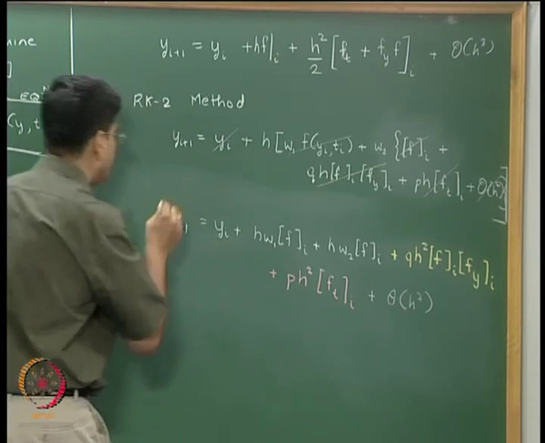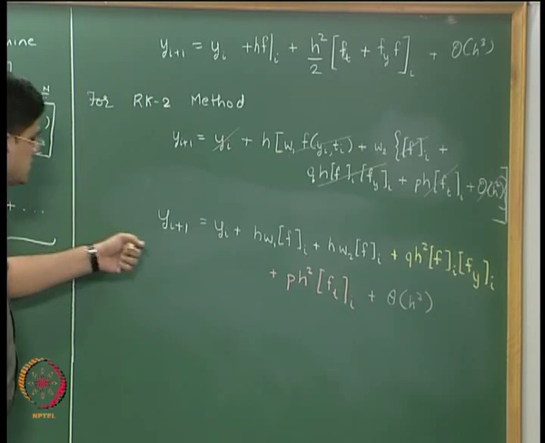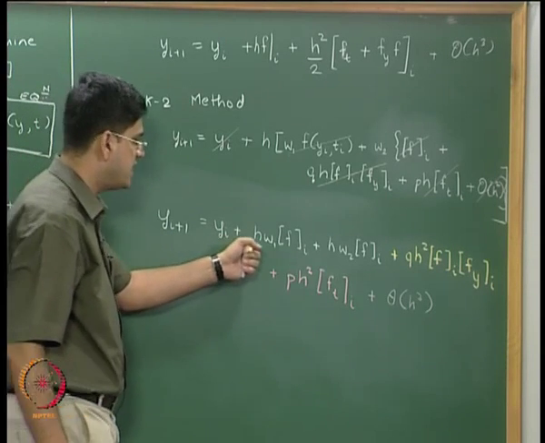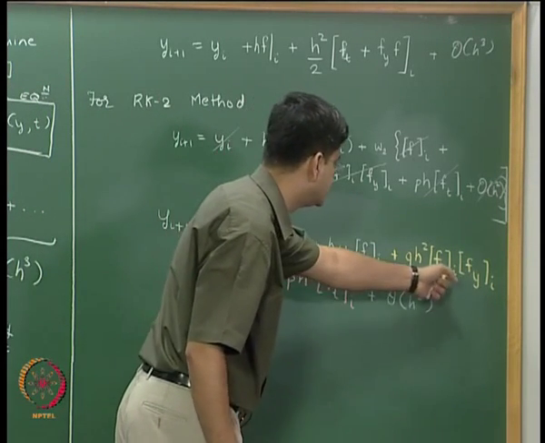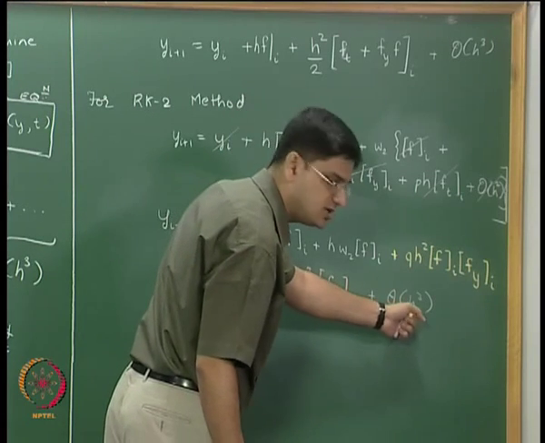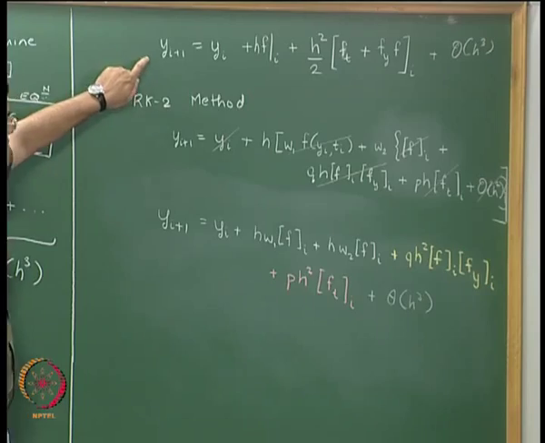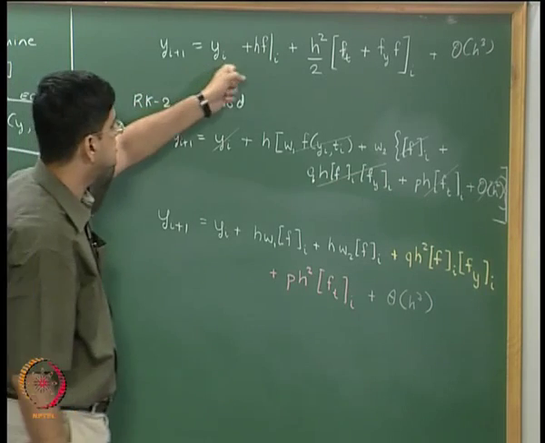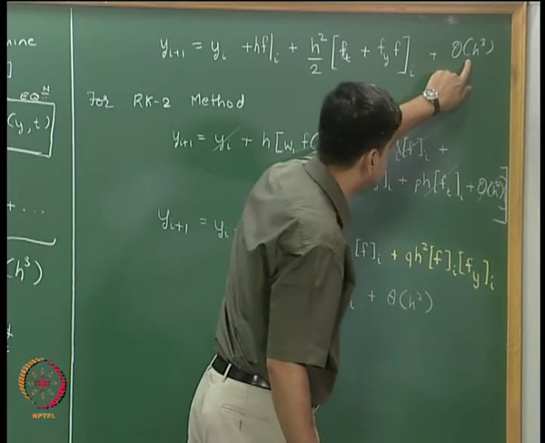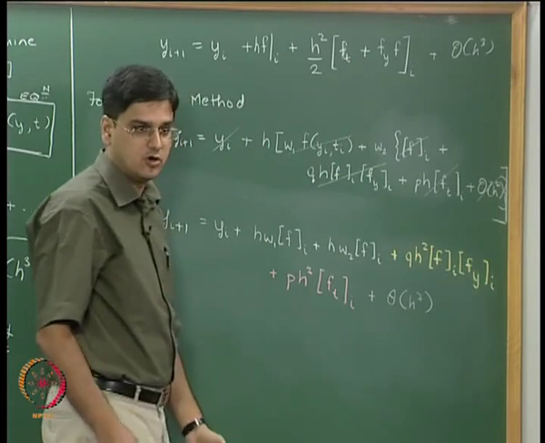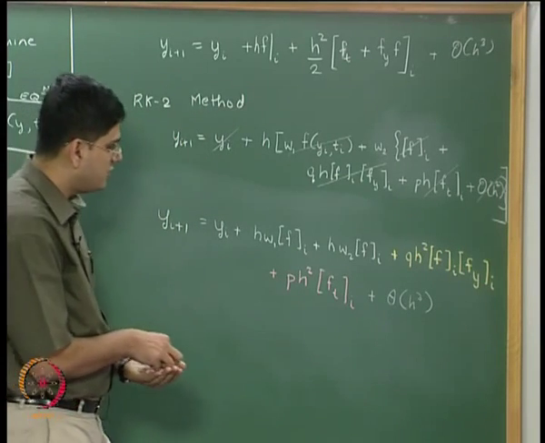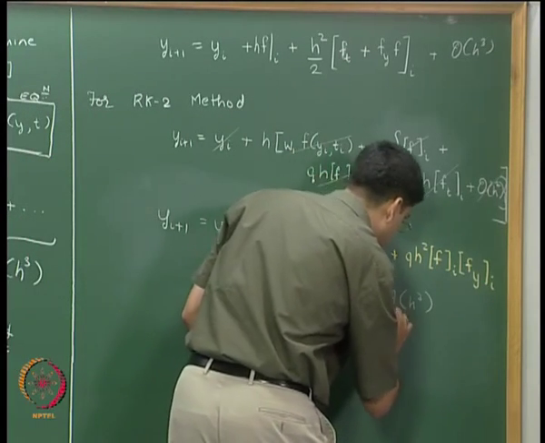So y_{i+1} for the RK2 approximation is going to be of the form y_i plus this term plus this term plus this, and the terms that we are going to throw away. The Taylor series expansion for y_{i+1} is this plus this plus this, and this is the term that we are going to throw away. Keep in mind the term we throw away is order of h cubed.